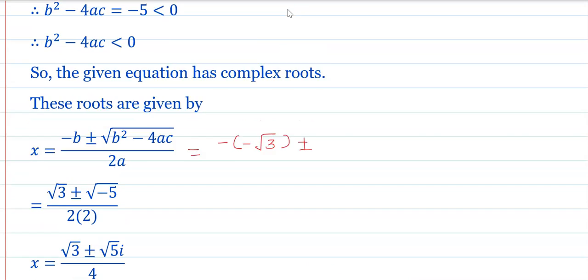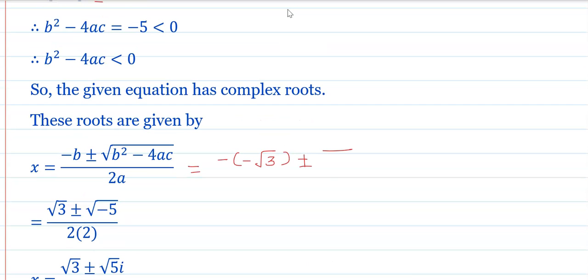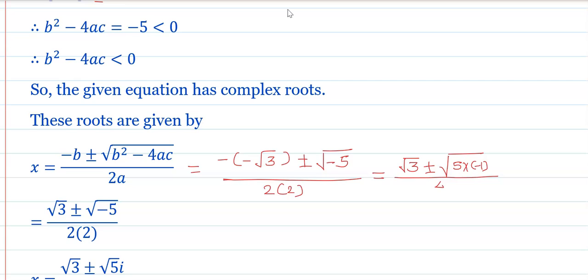Okay, and therefore we will write here root of minus 5 upon 2a. The value of a is 2 in bracket 2 here. Okay. Therefore, here you will get root 3 plus or minus root of minus 5 into bracket minus 1 and this whole divided by 2 into 2, 4.